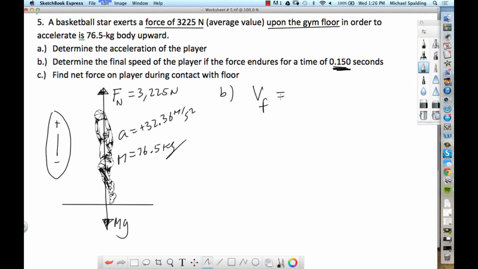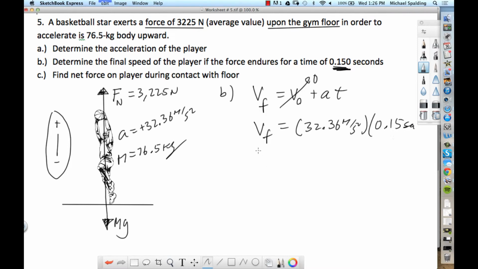So we'll use one of the motion equations. V initial is 0, so V final is going to be A times T. So 32.36 meters per second squared for a time of 0.15 seconds gives a final velocity of 4.85.